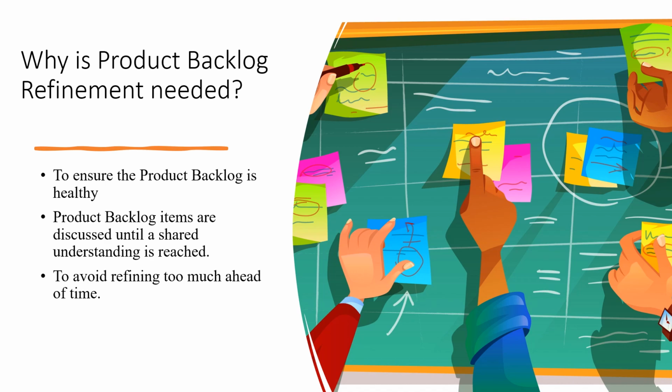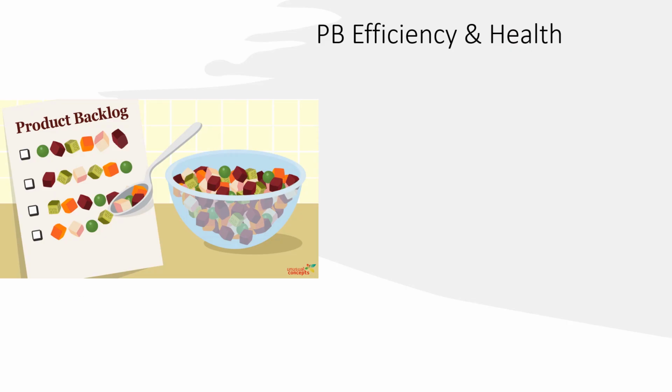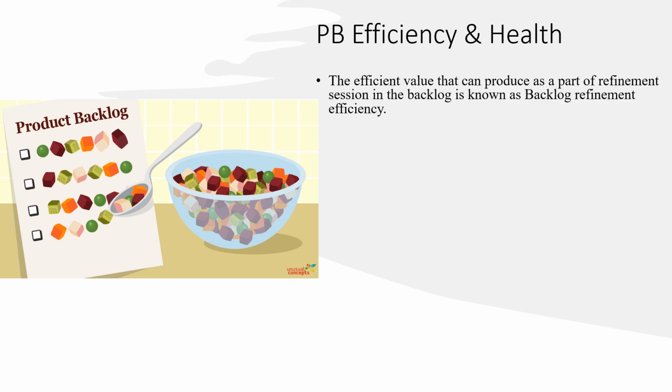Moving to the next slide: product backlog efficiency and health. The efficient value that can be produced as part of a refinement session in the backlog is known as backlog refinement efficiency. At the end of the refinement session, the main value we get out of the session is known as backlog refinement efficiency.